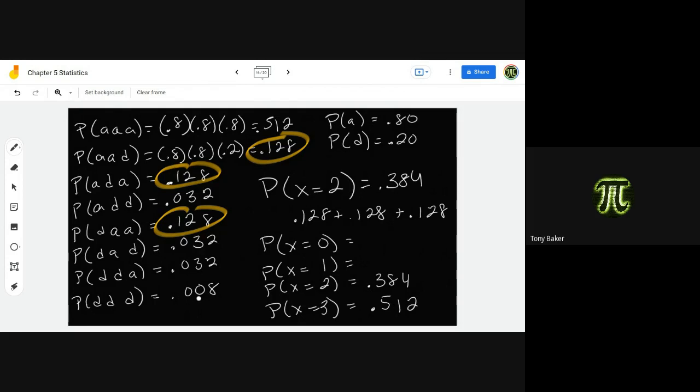For 0 alive, there's also only one, and that's 0.008. Now for 1 alive, we have 3 of those: 0.032 plus 0.032 plus 0.032, which comes out to 0.096. So the big difference between this one and the heads and tails is we have to look at the actual probabilities to come up with this. We can't just do 3/8.